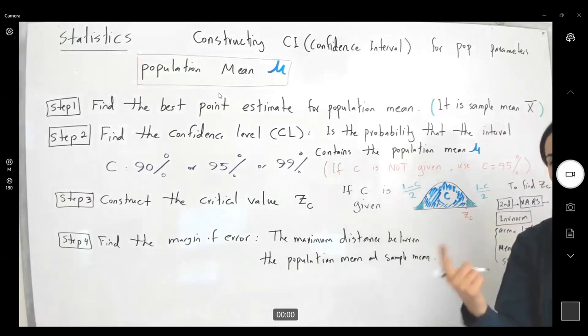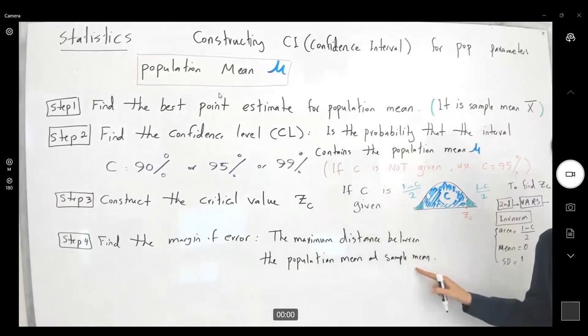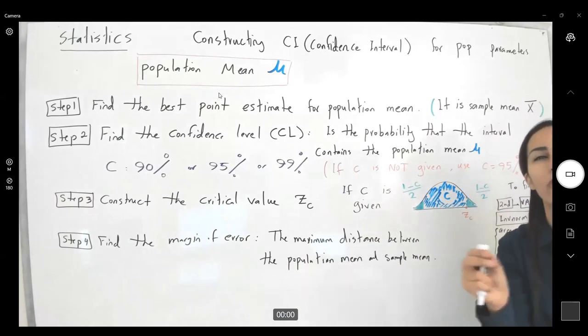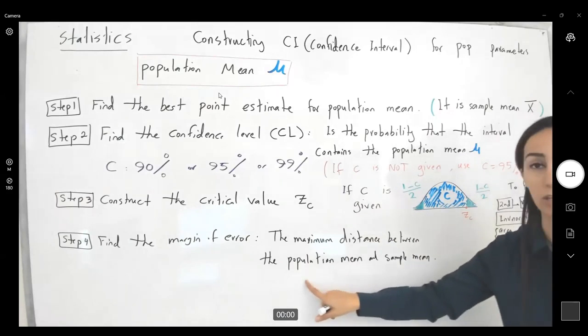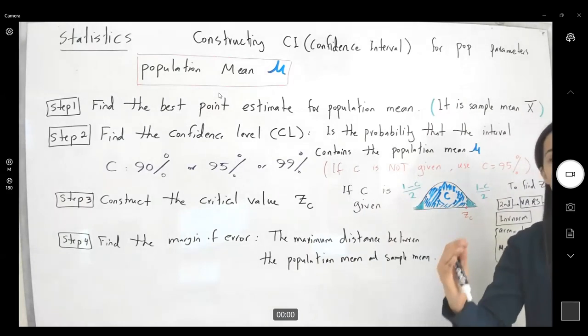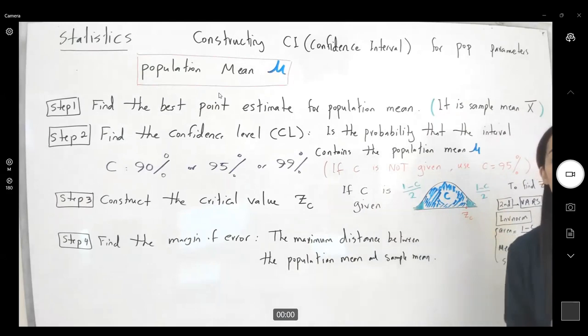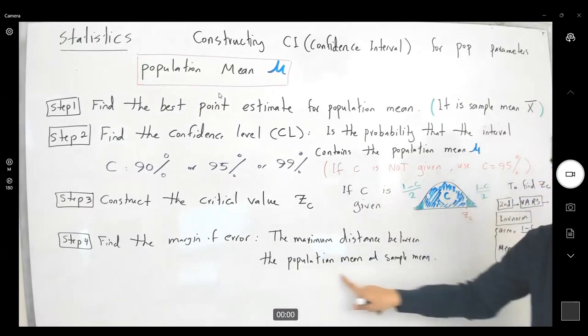When you're taking one sample, that sample statistic, in this case, sample mean, might be far away from your population mean. When you're constructing a confidence interval, you need to follow these steps and build the interval that contains all the possible, all the probable values close to population mean.